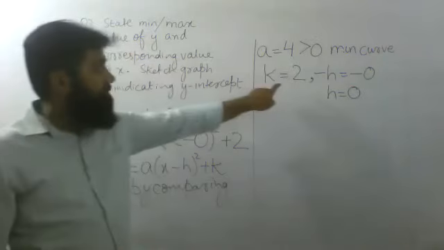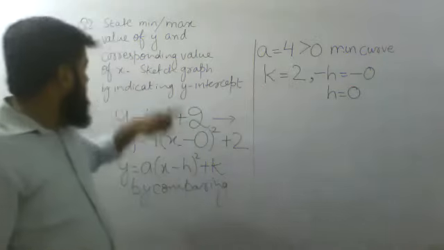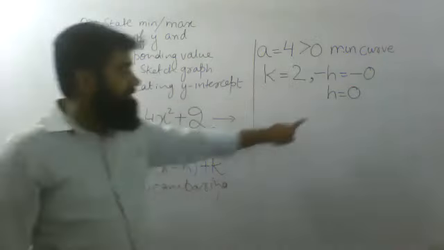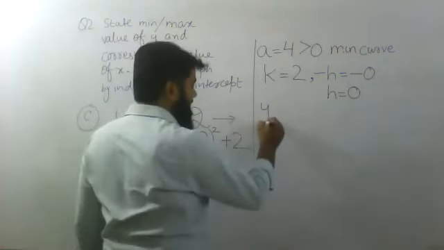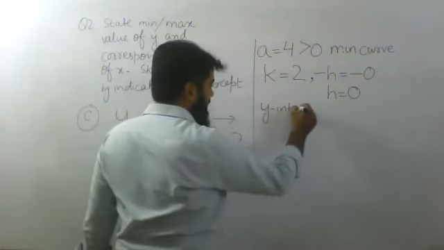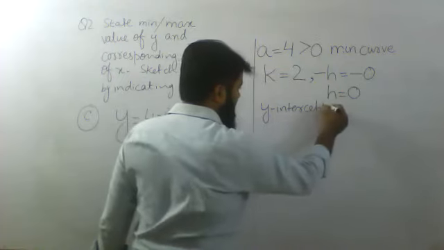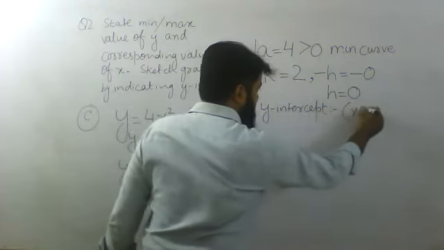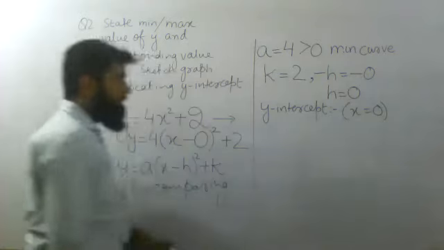The value of y is represented by this, and the value of x is represented by this. I have to sketch the curve by indicating the y-intercept. For the y-intercept, x will be taken as 0.